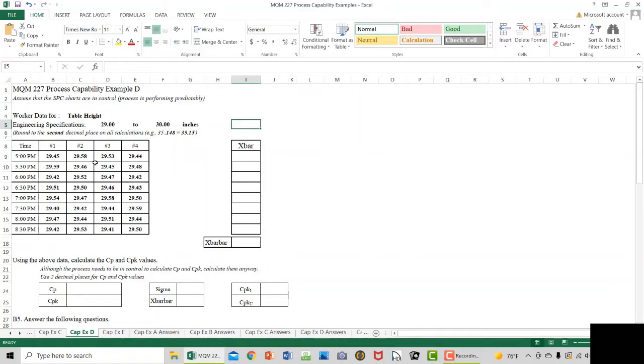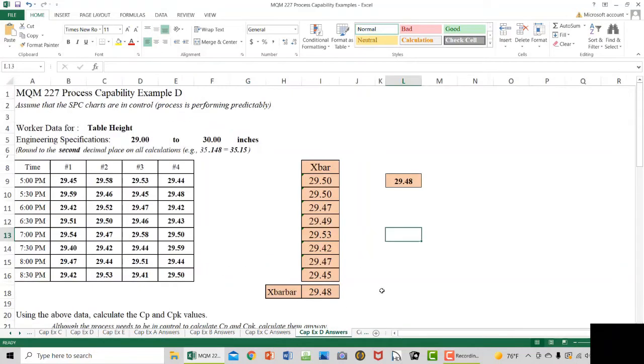We're taking 4 measurements an hour, and let's jump on over to the answer sheet. Of course, we did our X bars and we did our X bar bars. Now I will throw this little bit of information in. It doesn't really impact you because you're still going to have to calculate the X bars, but if you were to just take the average of all these numbers at one time, you would come up with this number as well.